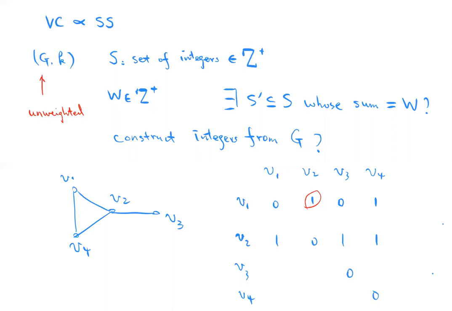So actually, we have another matrix called the incidence matrix. The incidence matrix of a graph represents the relation between vertices and edges.